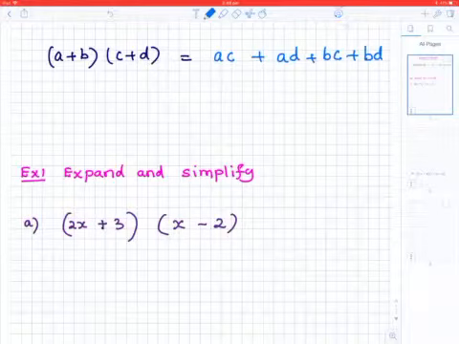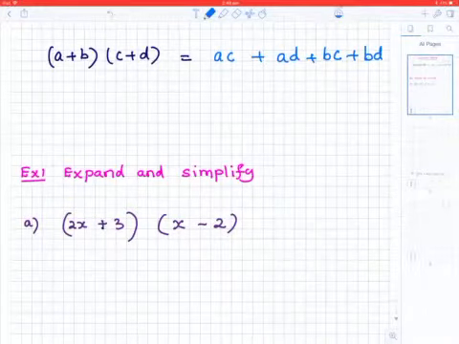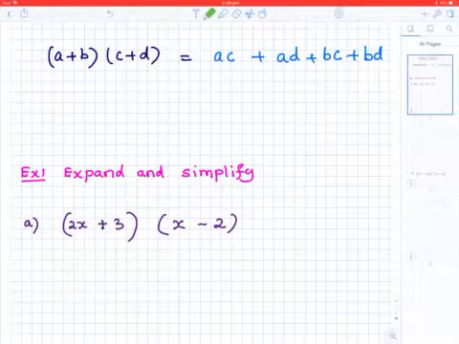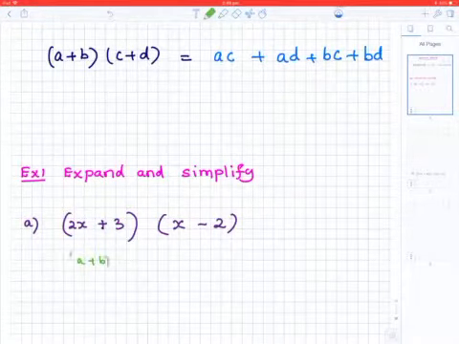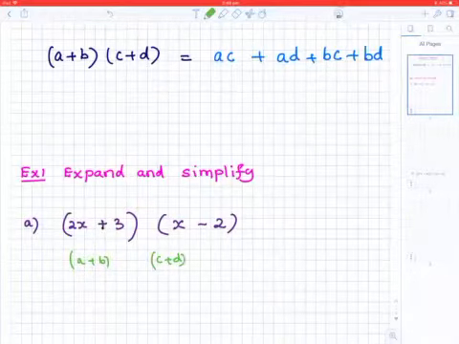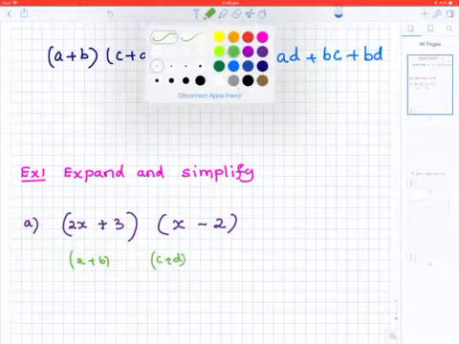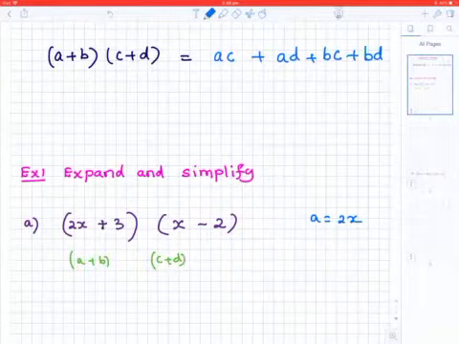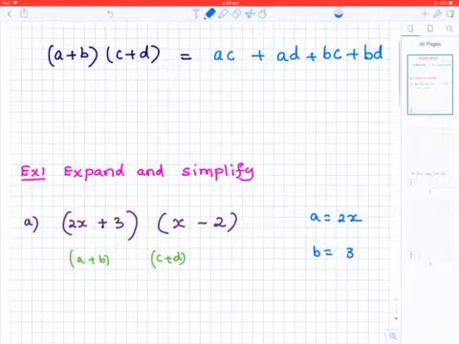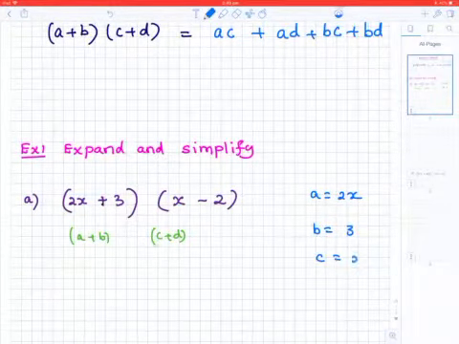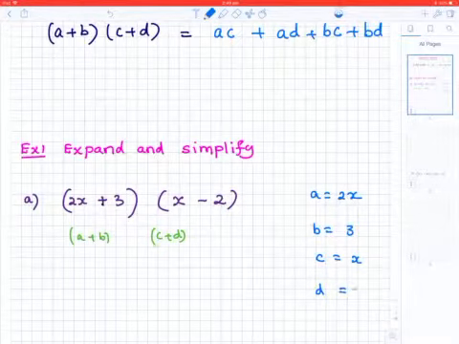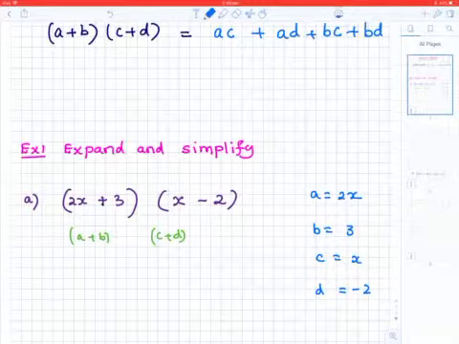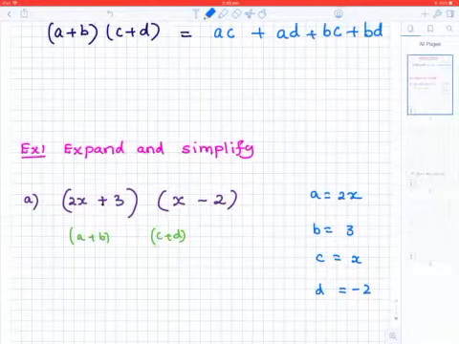Okay, if I want to use that method, the question says expand and simplify 2x plus 3 times x minus 2. Now, if I compare this question with a plus b times c plus d, your a is going to be 2x, your b is going to be 3, your c is going to be x, your d is going to be minus 2.